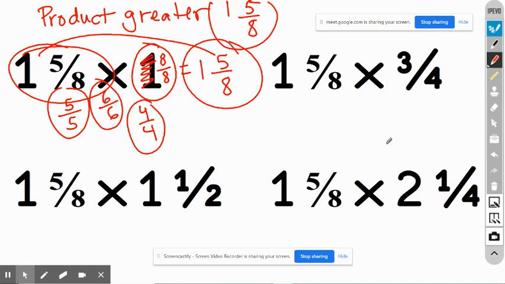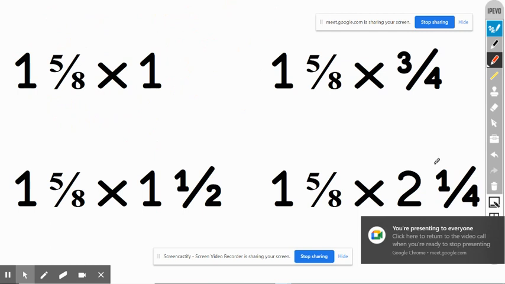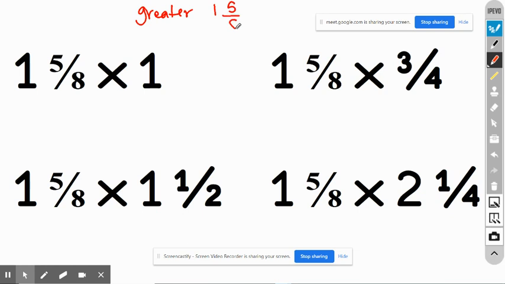All right. So we know this gives me the same product as this number, and we are looking for greater than 1 5/8.